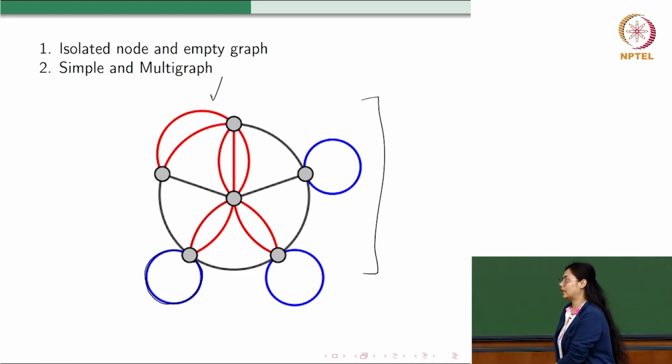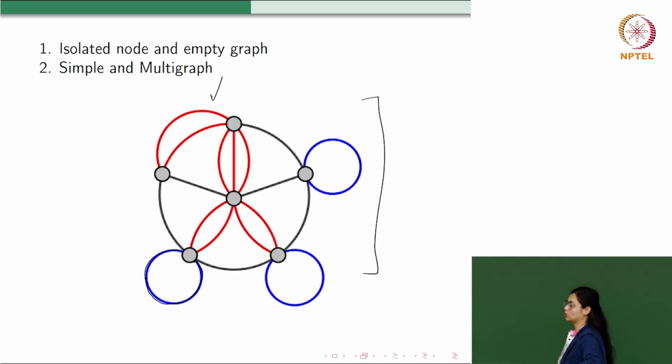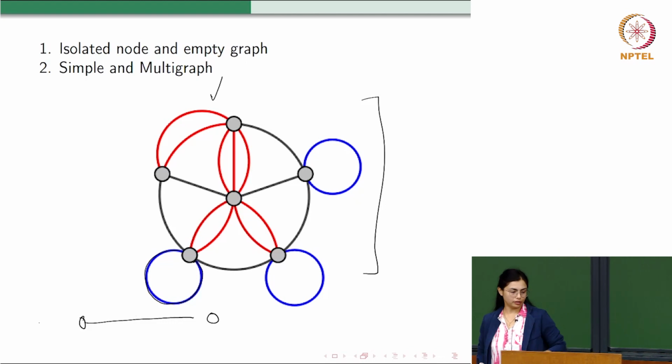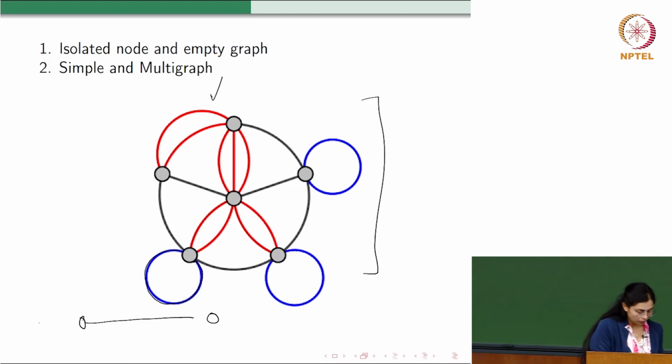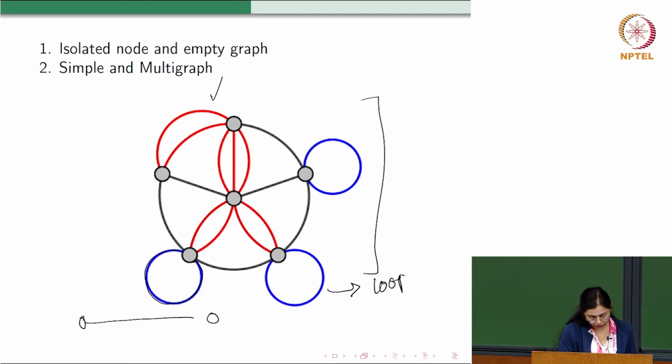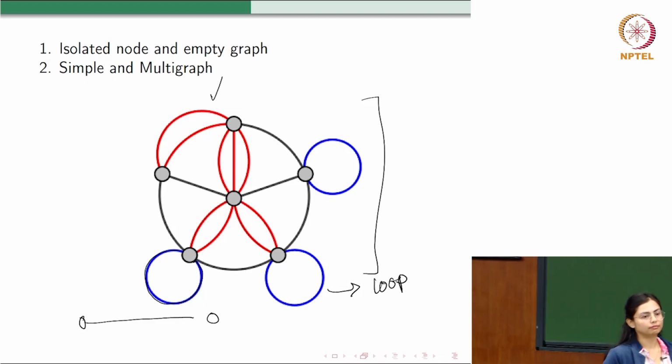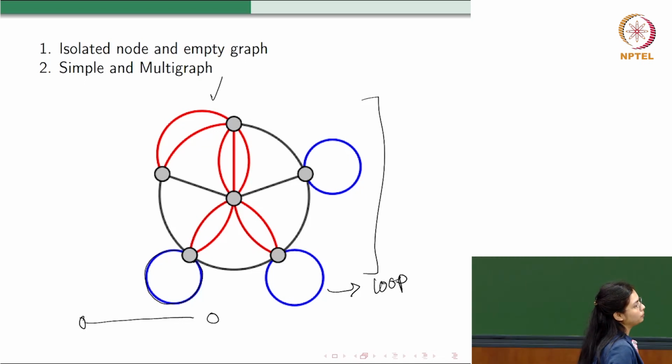Think about it like this: there are two points, and there is a highway and also an overbridge, right? What about a loop? This is called a loop, right? This is a self link, it's called a loop. Can you think of any real life example of a loop?